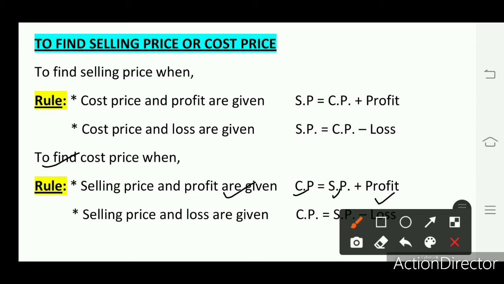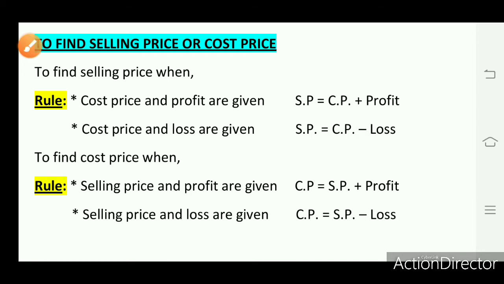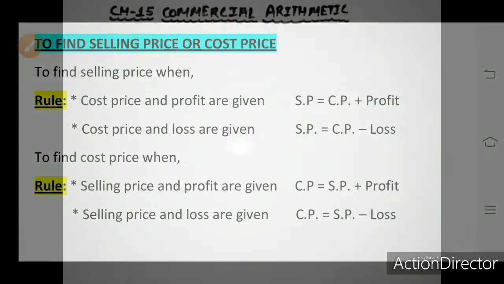Now the next rule, when selling price and loss are given, then formula cost price CP equal to selling price SP plus loss. These are some formula to find selling price and cost price. Now students, here we will solve some examples related to finding percentage of a number.